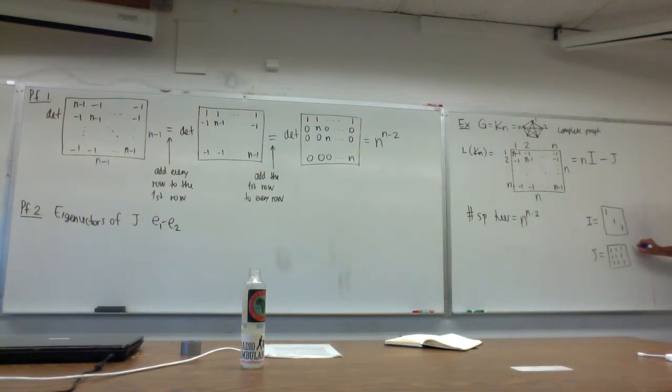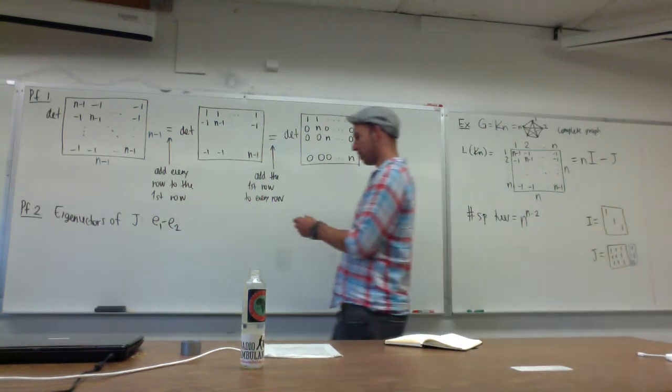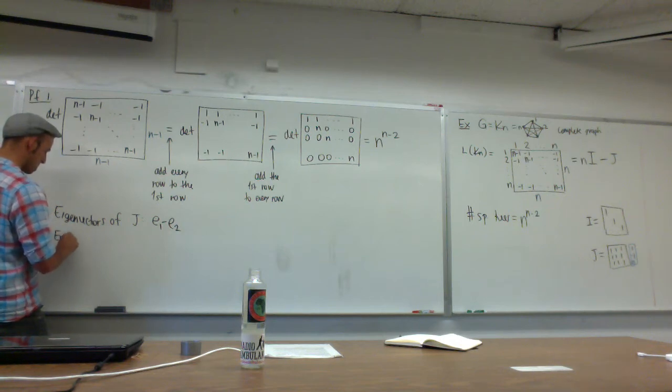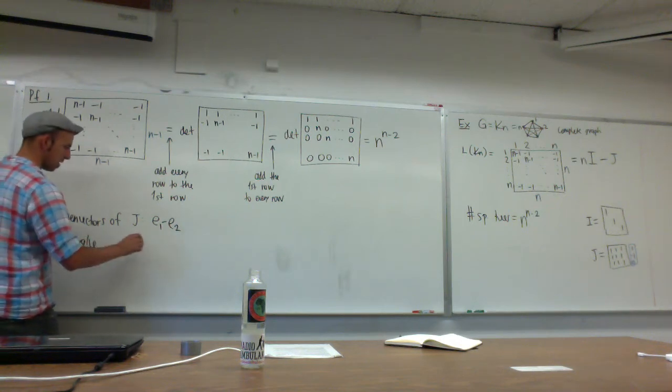What happens when I multiply this by (1, -1, 0)? This is E1 minus E2. This times this, 0. This times this, 0. This times this, 0. So this is with an eigenvalue of 0.